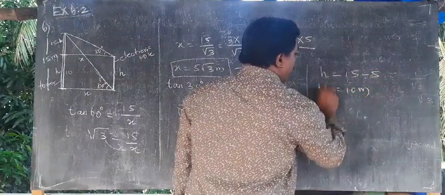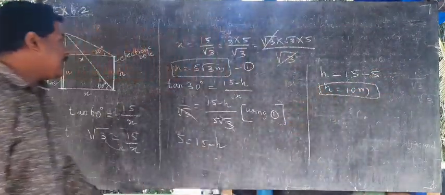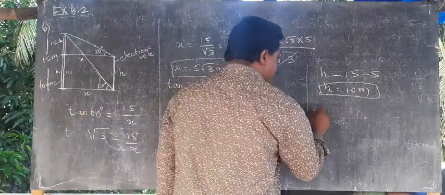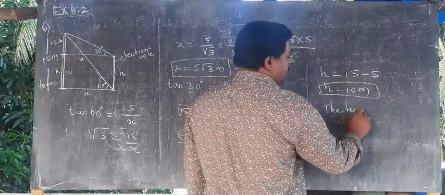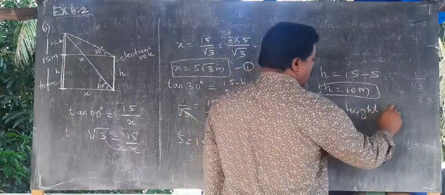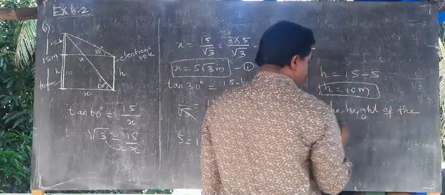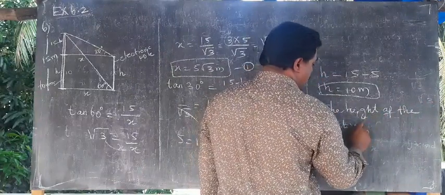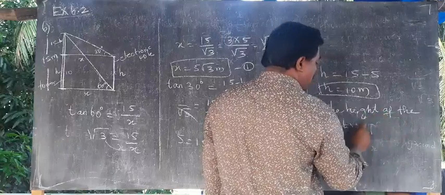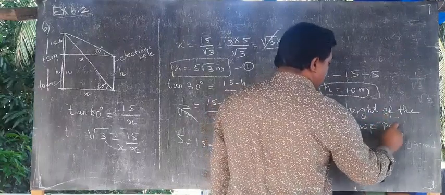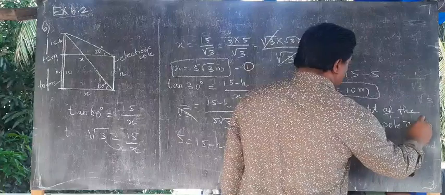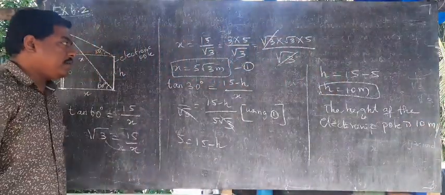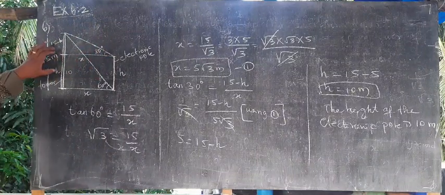So the height of the electronic pole is 10 meter. This is the answer for this sum. Therefore, the height of the electronic pole is 10 meter.